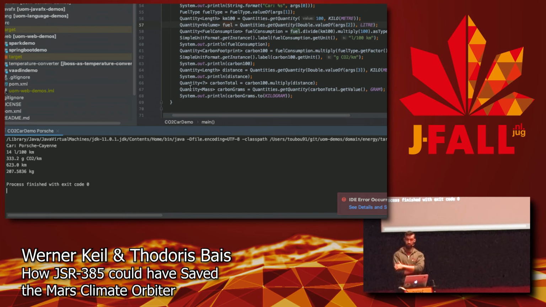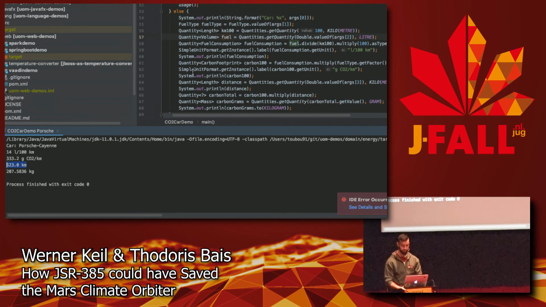And this is usually a mix of both. Then it shows that per kilometer, 333 grams of carbon dioxide are produced by that vehicle. So if the Porsche driver rides 623 kilometers, then this produces over 200 kilograms of carbon dioxide.